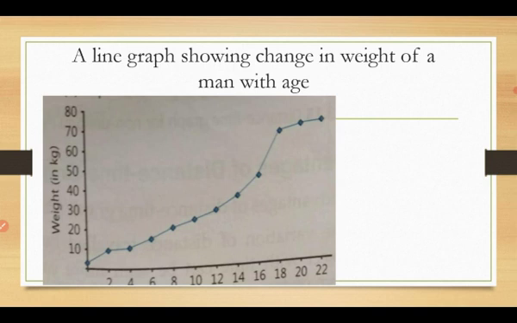But the weight does not increase in a constant way, it varies. At 2 years the weight is 10 kg, and at 4 years it is between 10 and 20 kg. You can see the graph at 14 years, 16 years, 18 years. This way we can represent the age and weight of a man on a graph.